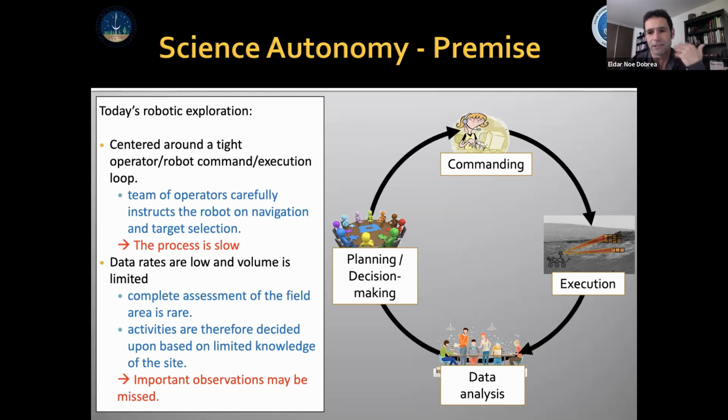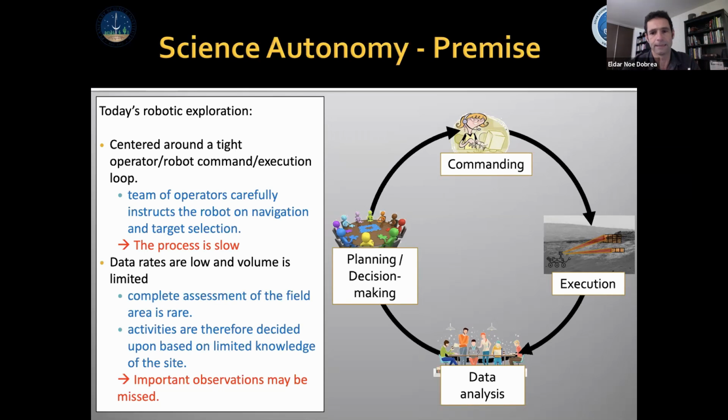And every single time you have a sequence of those commands, it has been a whole transmission cycle. They send the command, the rover does it. If it's supposed to acquire data, it acquires it and sends it back. The team then analyzes the data, sees that the rover did what it's supposed to do, sits down to make more decisions and planning, and then commands the rover onto the next set.